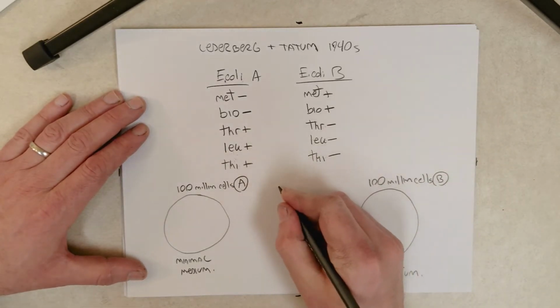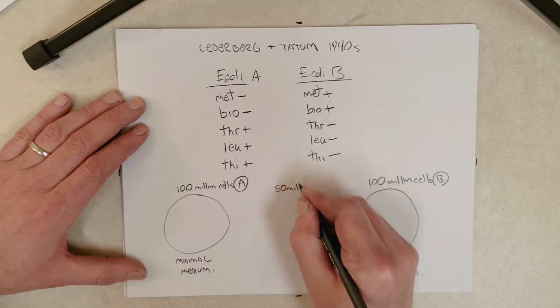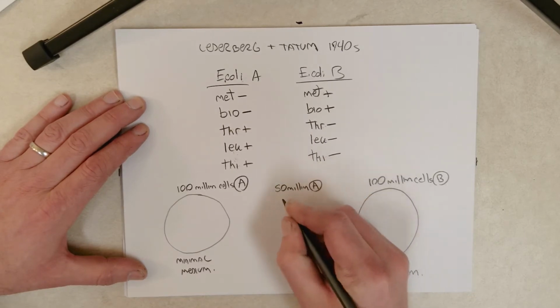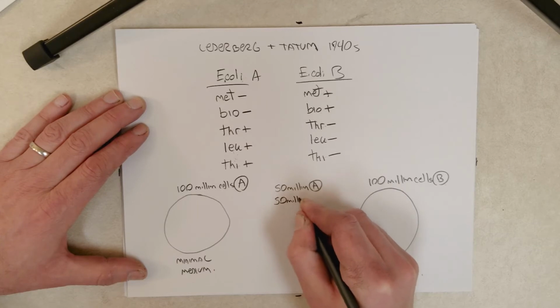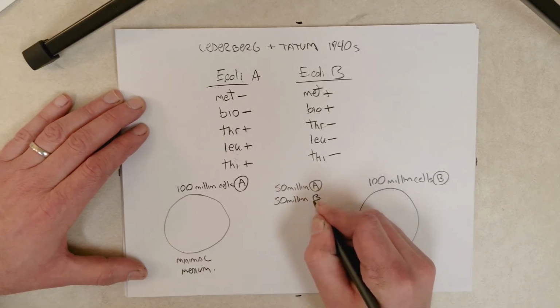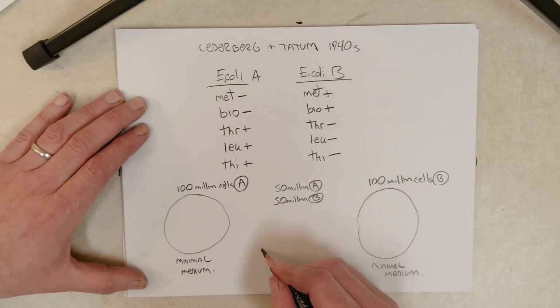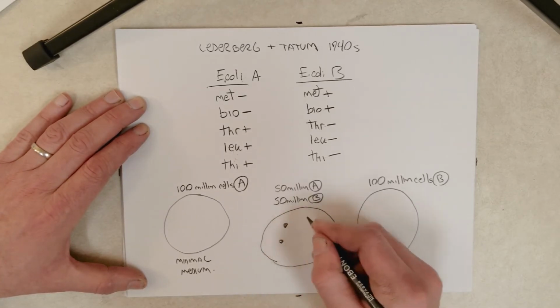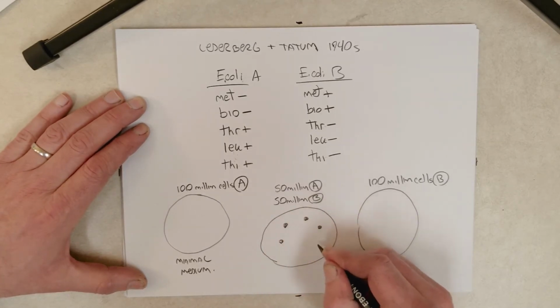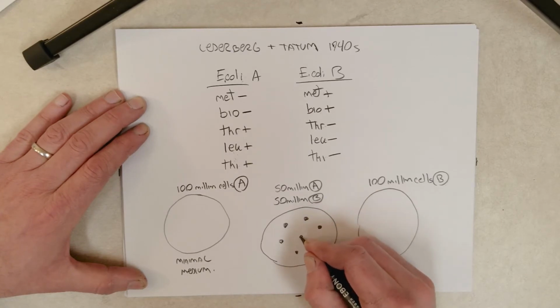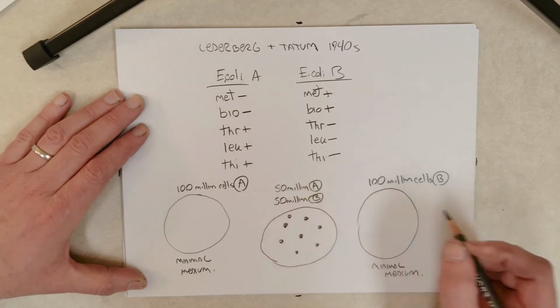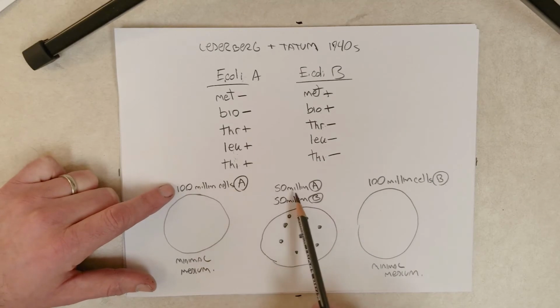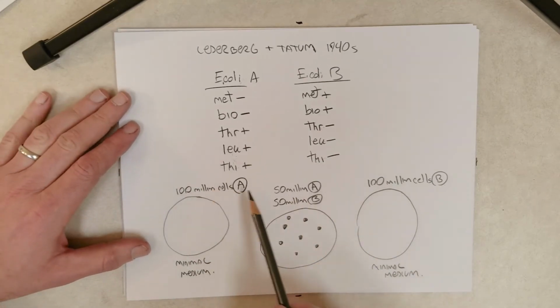However, when they plated 50 million of A with 50 million of B, they saw colonies, which was weird, right? I'm being kind of exact with the numbers because I'm doing that for a reason.